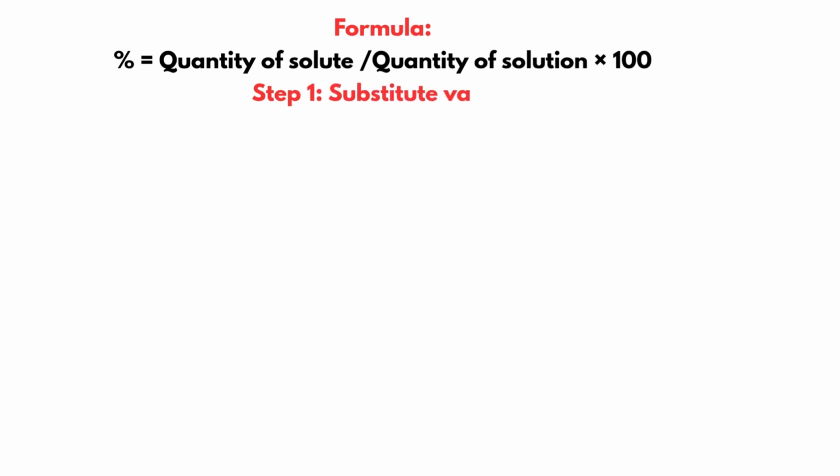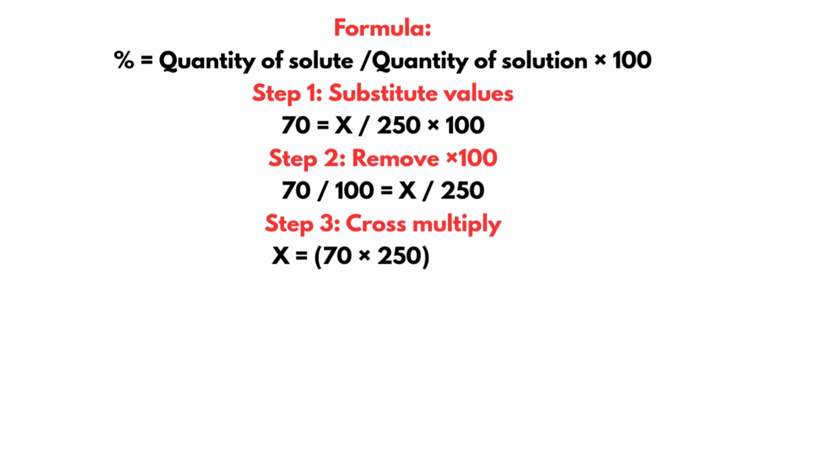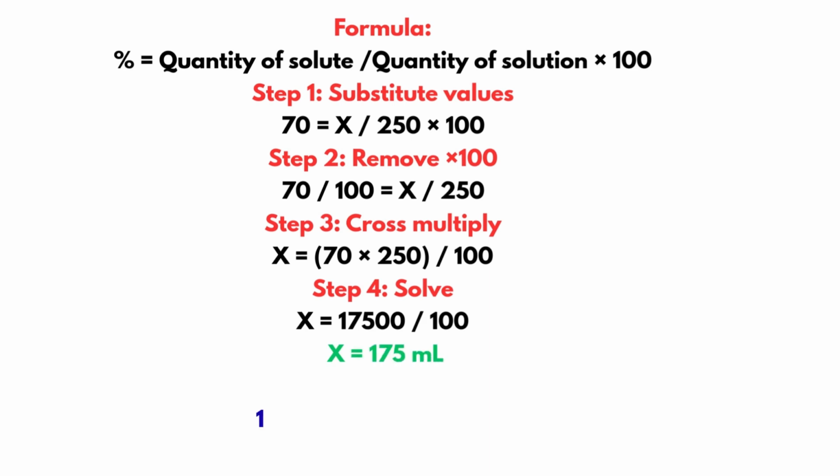Here we need to identify the quantity of solute. How much solute is required? The percent, as you know, is 70%, and quantity of solution is 250 ml. So after substitution and calculation, we will get 175 ml of alcohol required. So 175 ml of alcohol is required to prepare 250 ml of 70% volume by volume solution.